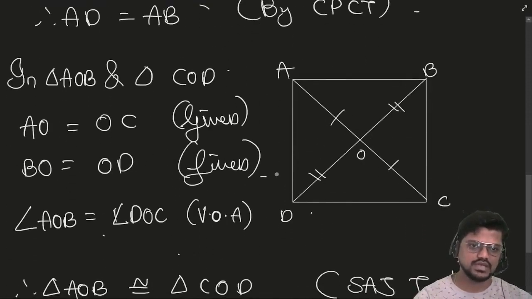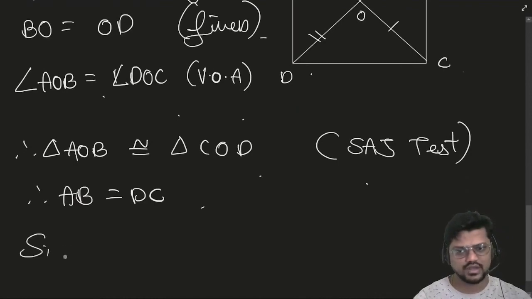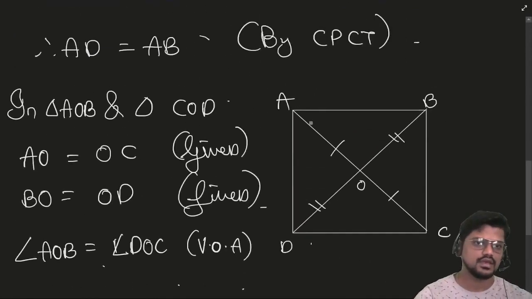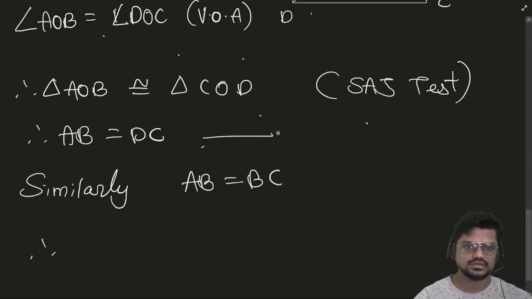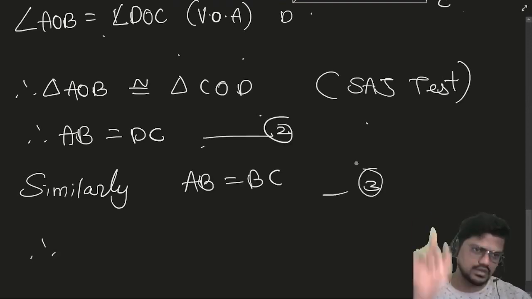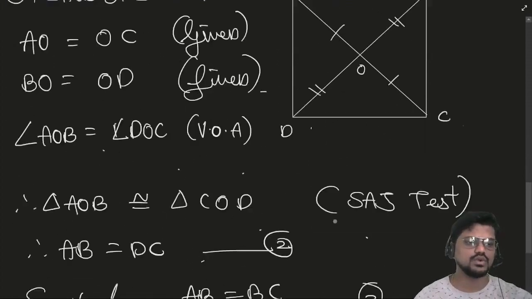If AB equals AD and AB equals DC, all these three sides are equal. Similarly, we can prove that AB equals BC. Therefore, all the sides will be equal. Similarly, we can write over here, AB equals BC. Therefore, if this is 2, this is 3, and that was 1, from 1, 2, and 3.